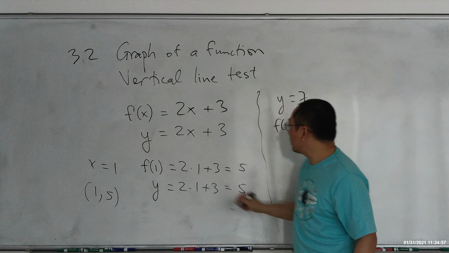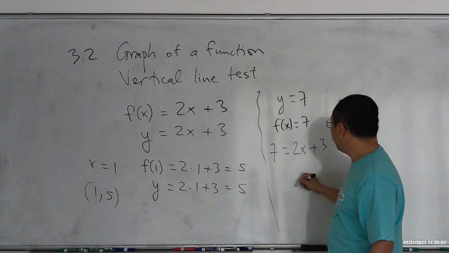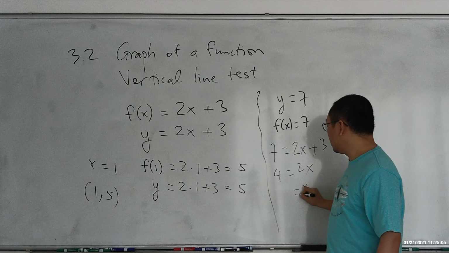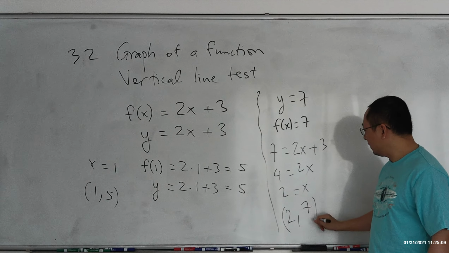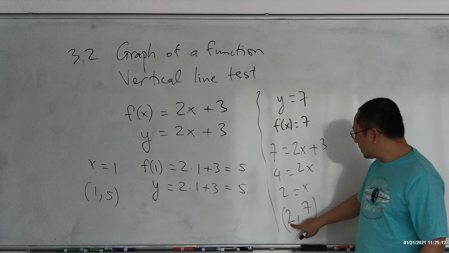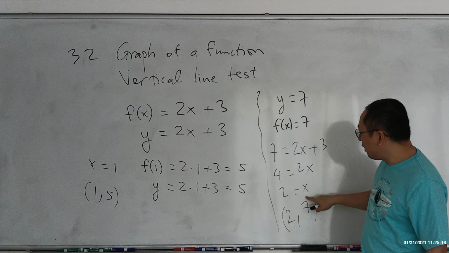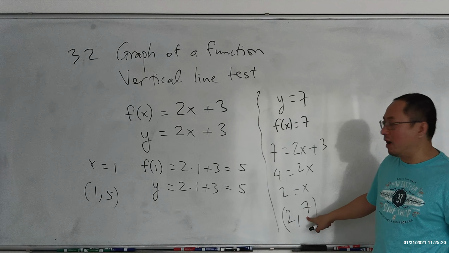Well, you plug in y equals 7. You get 7 equals 2x plus 3. Subtract the 3 on both sides, you get 4 equals 2x, so x is equal to 2. So the point on the graph will be (2, 7). Pay attention: x always goes first, then a comma, and then the y value. So when y equals 7, you can solve for x, and you get x equals 2. So the point (2, 7) is also on the graph.